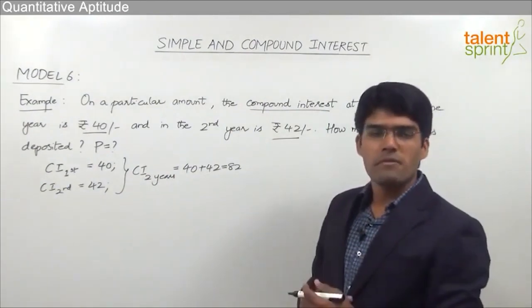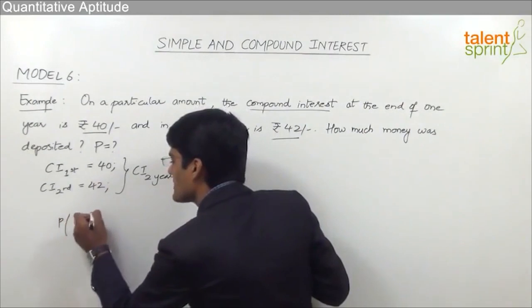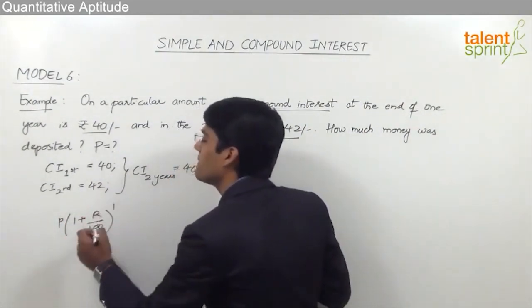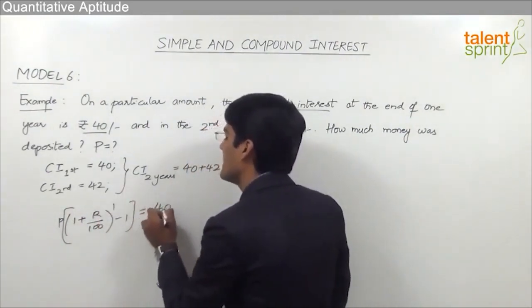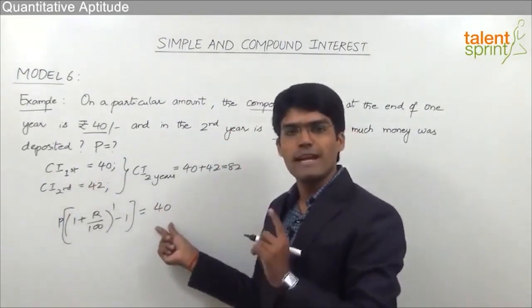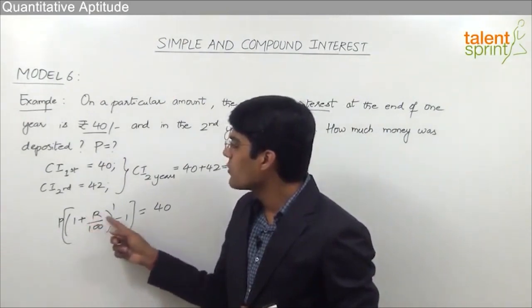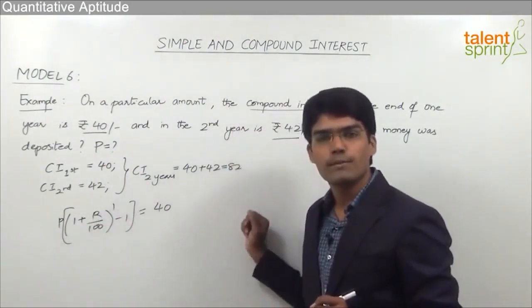Now going by the formula of compound interest, we can say that P into (1 plus R by 100) whole to the power of T, that is nothing but for 1 year, minus 1 should be equal to rupees 40. That is nothing but we are using the formula of CI and equating it to 40. So P into (1 plus R by 100) whole power T, where T here is nothing but 1 year, minus 1 is equal to 40.